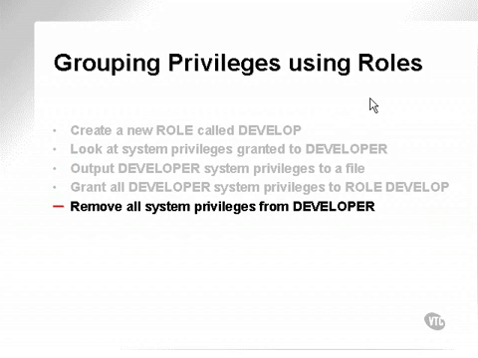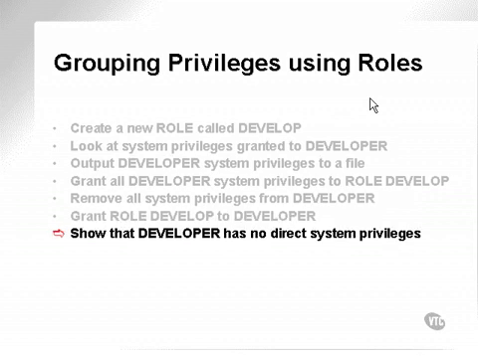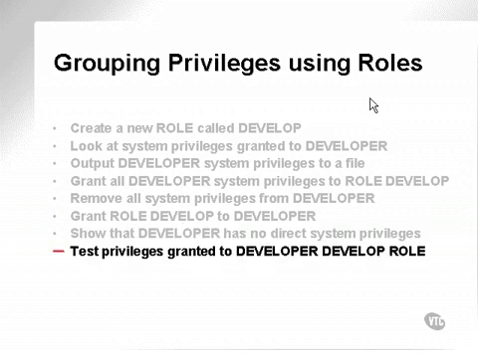Then we're going to remove all those system privileges from developer by using the revoke command. Then we're going to grant the role develop, with all its system privileges contained within it, to the developer user. And then we're going to show the developer user has no direct system privileges, but that it has the privileges that it had before, except that it now has them through the role rather than directly. So we're going to test it.